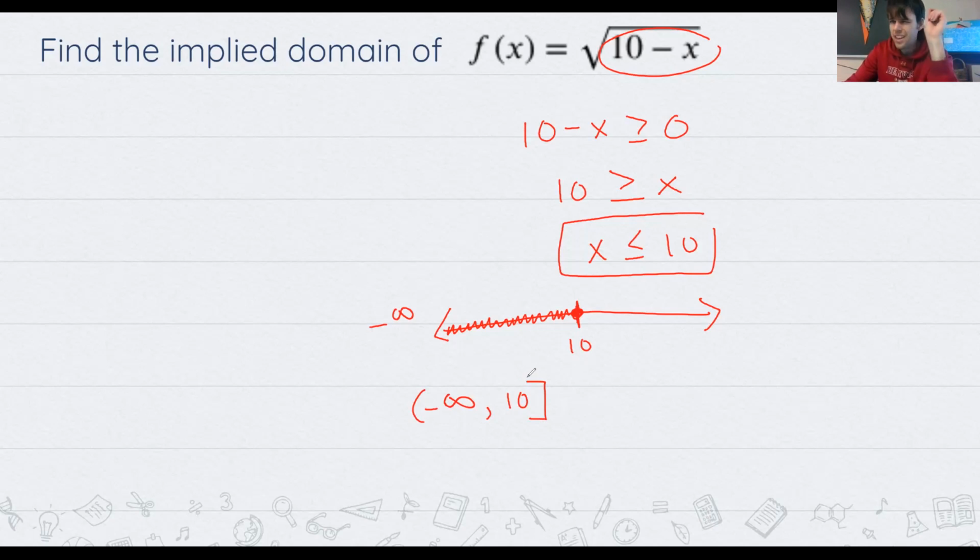Parentheses and brackets have slightly different definitions, which we'll look at in just a moment. But this is another way of expressing this right here. It means the same thing. x is less than or equal to 10, or the domain is from negative infinity all the way up to and including 10. That's another way for us to say our implied domain here.